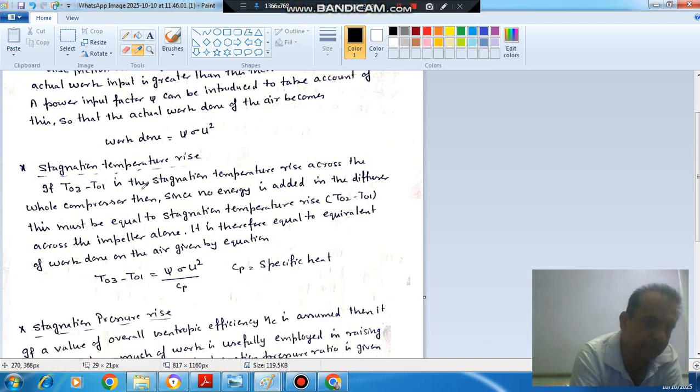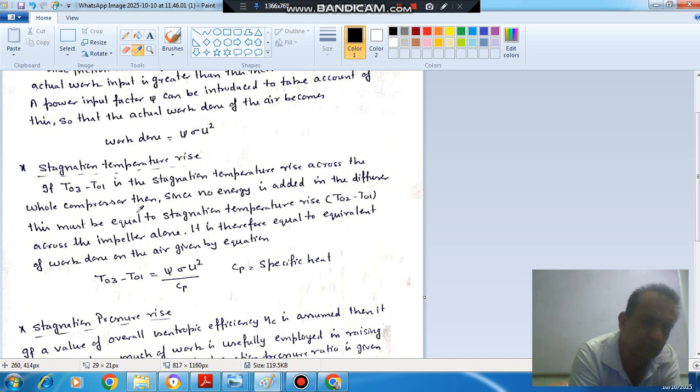If T03 minus T01 is the stagnation temperature rise across the whole compressor, then since no energy is added in the diffuser, this must be equal to the stagnation temperature rise across the impeller alone. So T02 and T03 are the same because there is no stagnation temperature change in the diffuser.